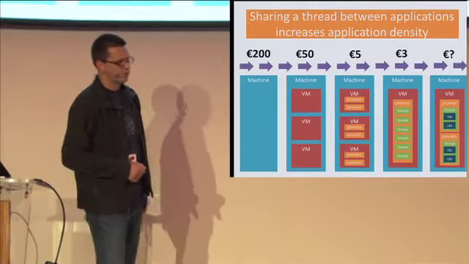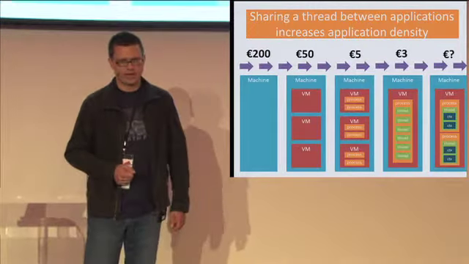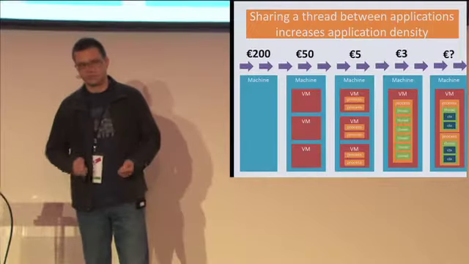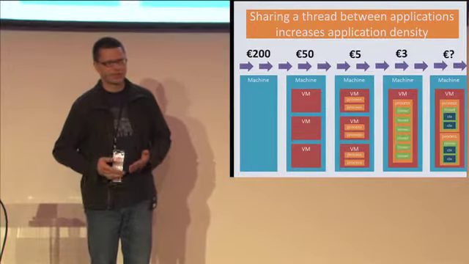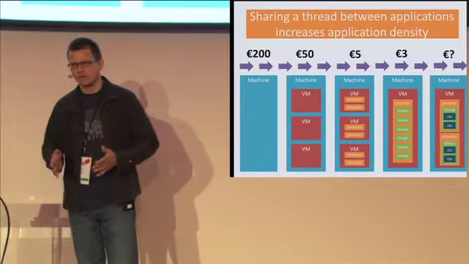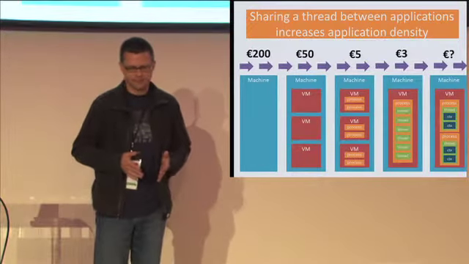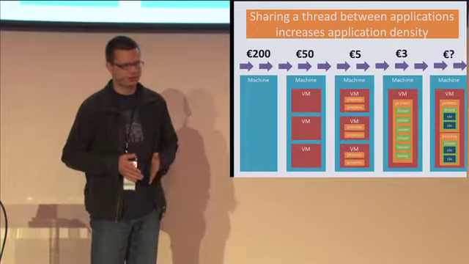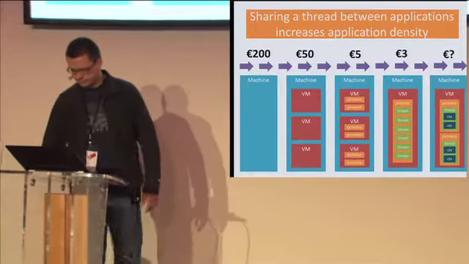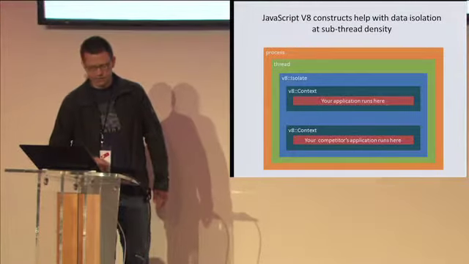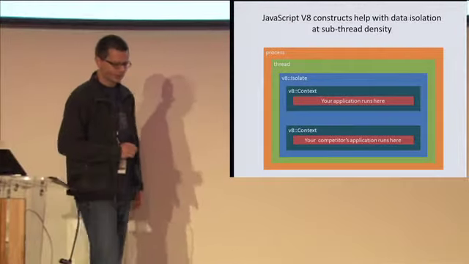So let's see if there is a way we can actually share a single thread among several applications running on the system in a way that still provides the guarantees that we can isolate data between applications and control resource consumption for each application. And this is where the V8 context comes in.